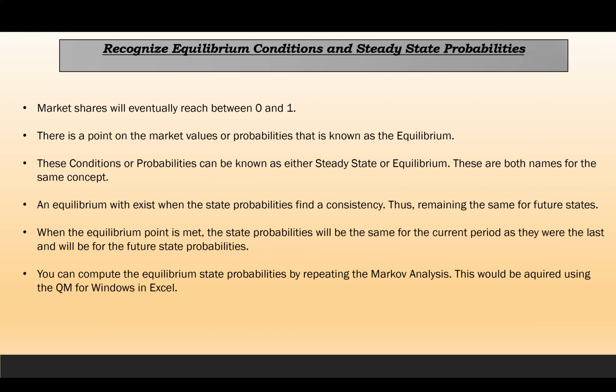An equilibrium will exist when the state probabilities find a consistency, which basically means that from now and into the future, each state will be verbatim and every number outcome should be the same, which would create your equilibrium. So when the equilibrium point is met, your state probabilities will be the same for this period and moving forward, and they should not change.